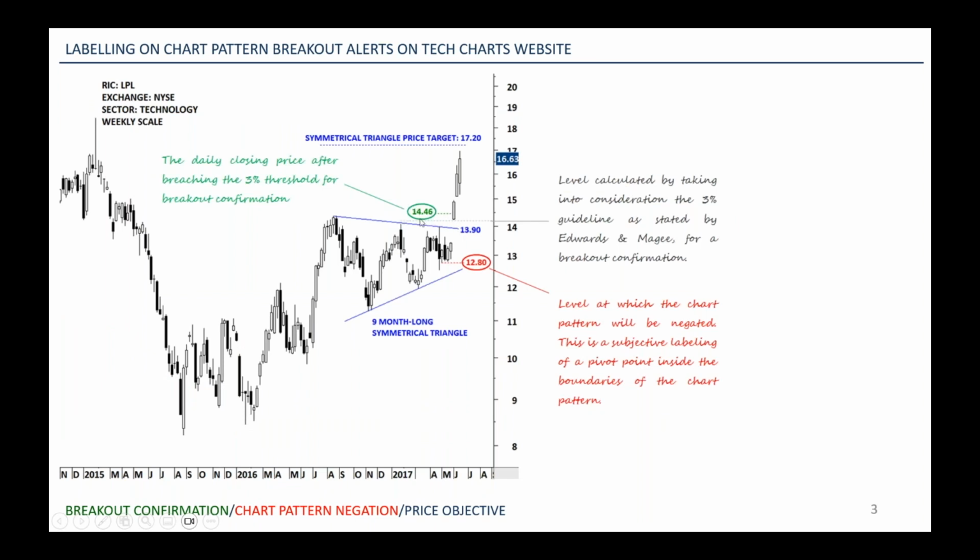The level of breakout confirmation, we're following the 3% Edwards and McGee breakout confirmation guideline. Though in the educational videos, I have also discussed a stop limit entry, which once you have that breakout confirmation level, the gray line, you can always place a stop limit order around that level, which would get you in the minute that the price reaches that level during the session.